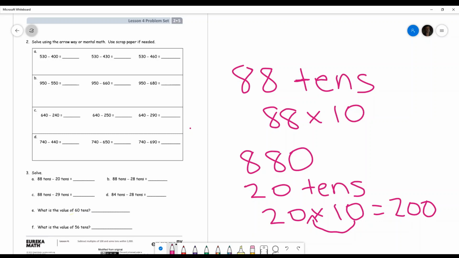So you're multiplying 20 by itself 10 times. Hopefully that helps you with the rest of them. And then you're taking your number and you're subtracting it.